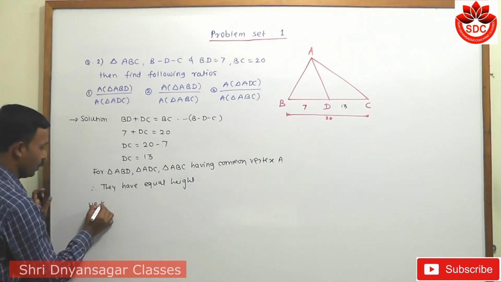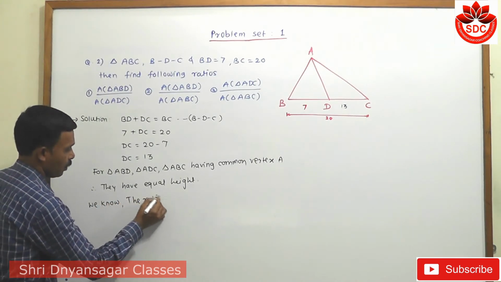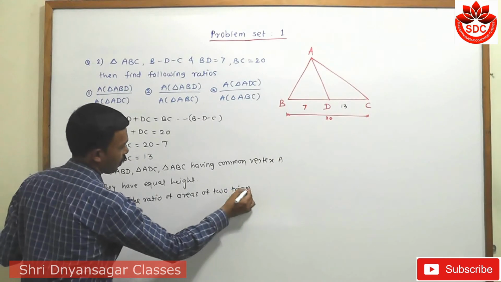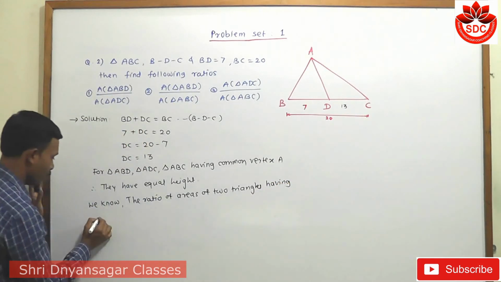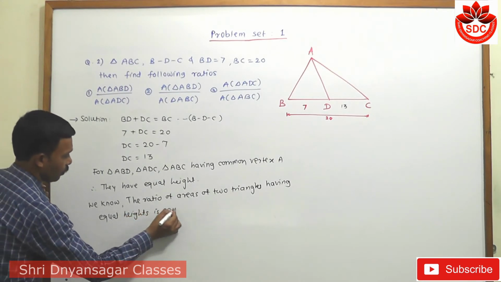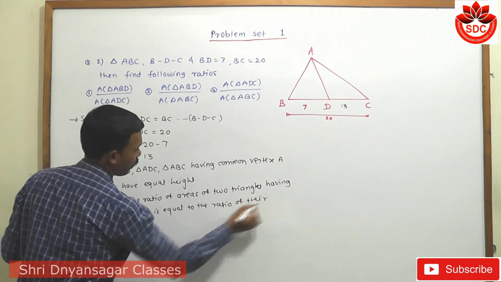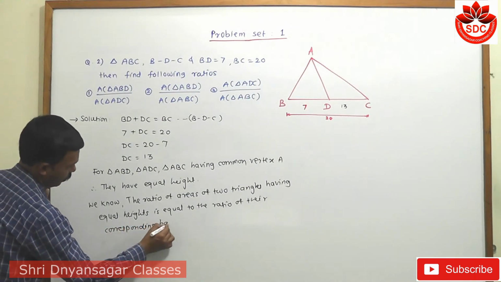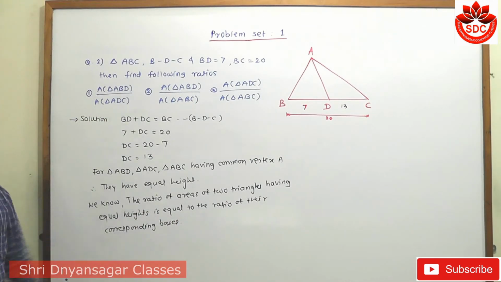We know the ratio of areas of two triangles having equal heights is equal to the ratio of their corresponding bases.